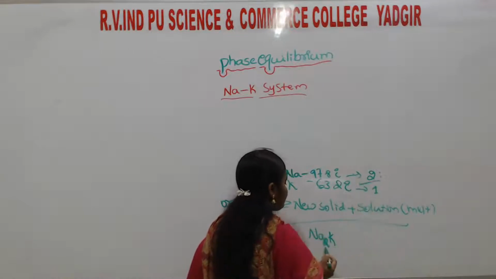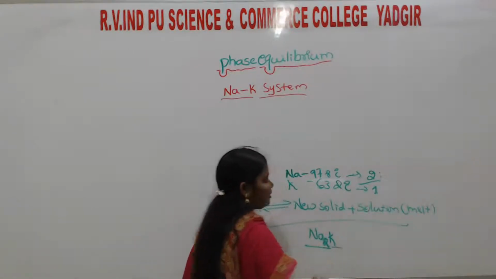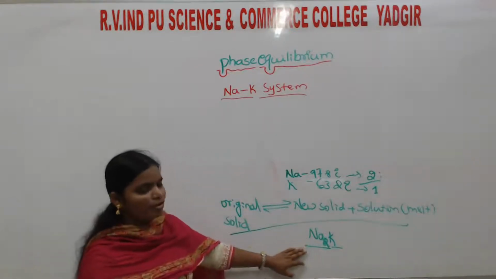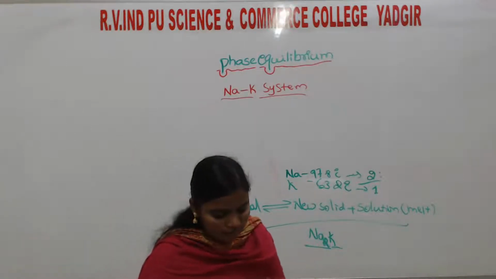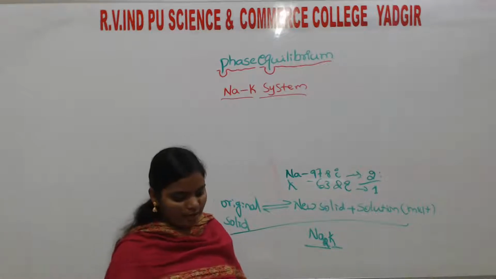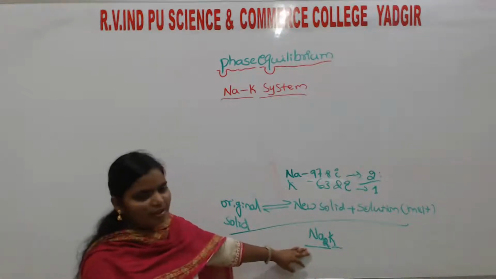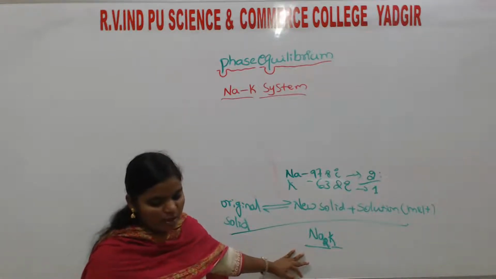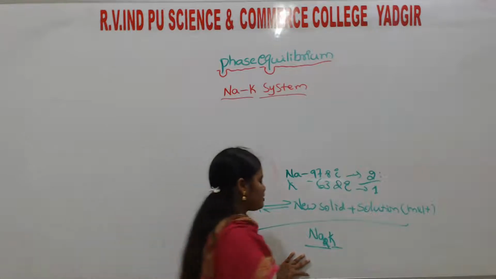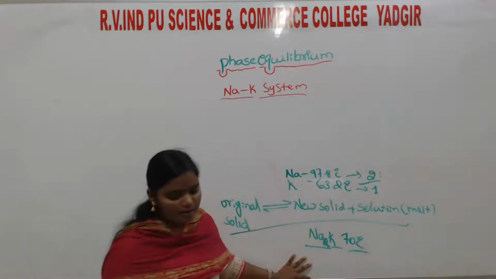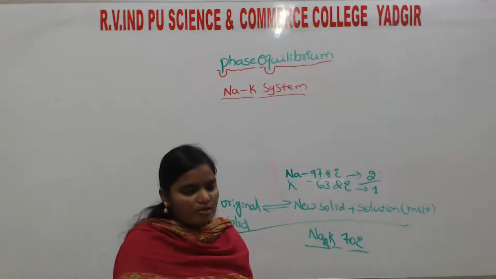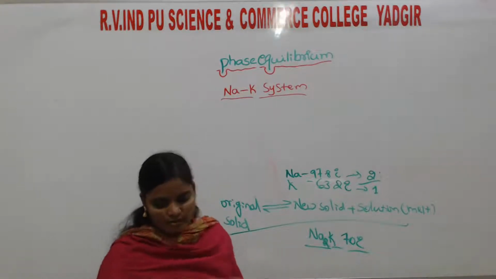This is 2 to 1. They combine to form the new solid Na2K. This compound being unstable decomposes at 70 degrees Celsius, and this system consists of 4 phases.